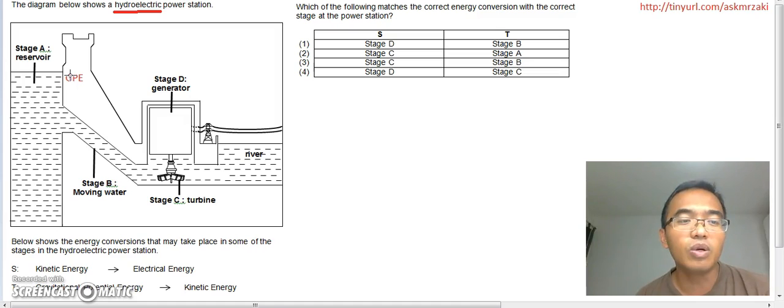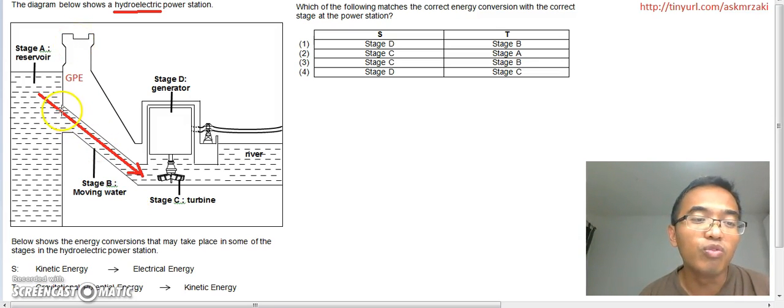In this case, the object is the water, and as the water level rises, so will the gravitational potential energy. We also know that this gravitational potential energy can be converted into movement.